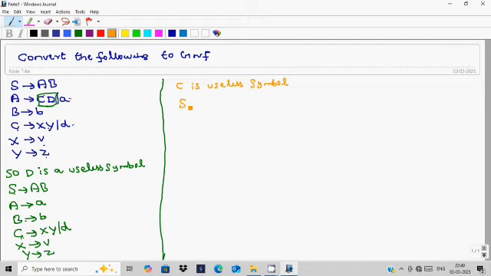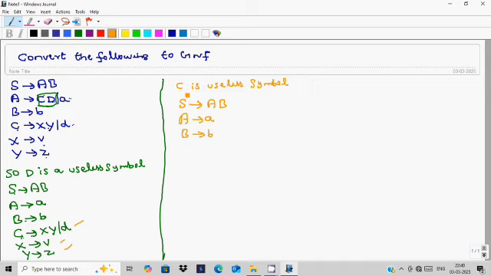So we will just have S tends to AB, A tends to small a, B tends to small b, and all the other productions go off, because we cannot reach X and Y at any cost. So when we start from the starting symbol, the only way is to convert this into an equivalent grammar.